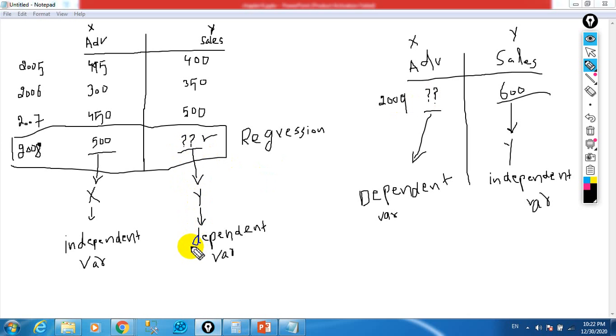But in the first case Y is the dependent variable and X is the independent variable. In this case X is the dependent variable and Y is the independent variable. For finding this we will use correlation and regression. Okay, so I hope you got this.